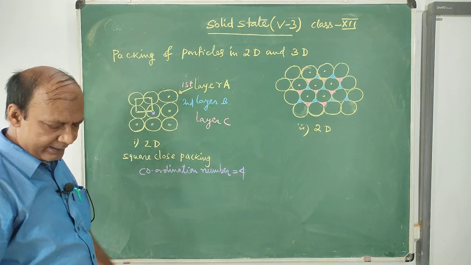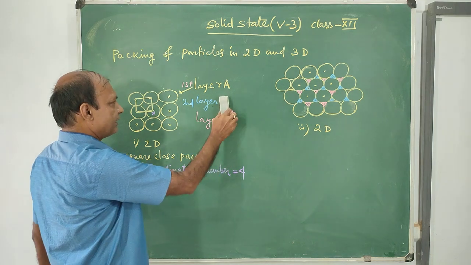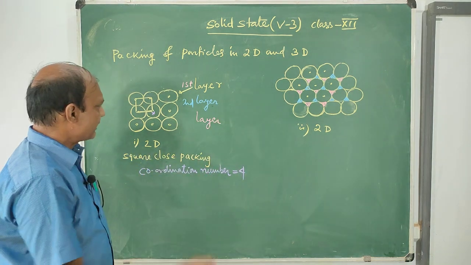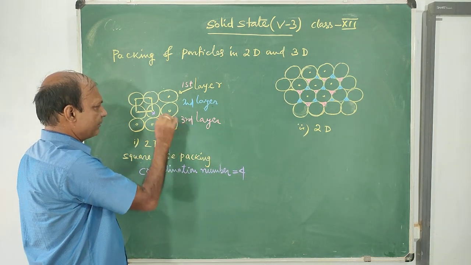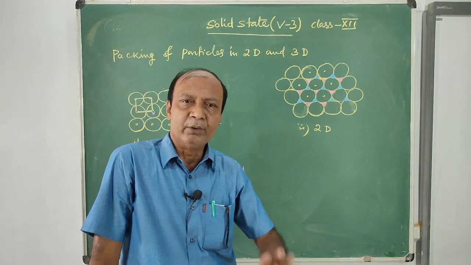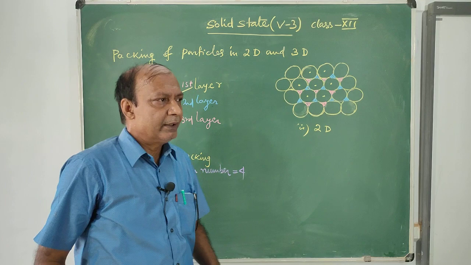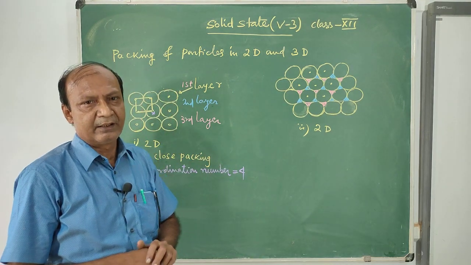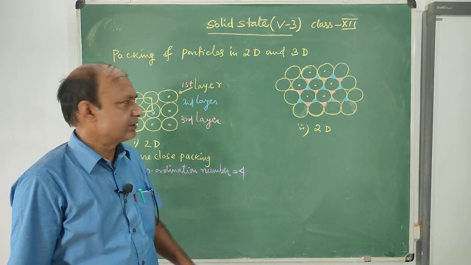And in this way, if you construct third layer just above the center of the particles of the second layer, you will get third layer. So the layers are similar here. There is no difference in the layers.